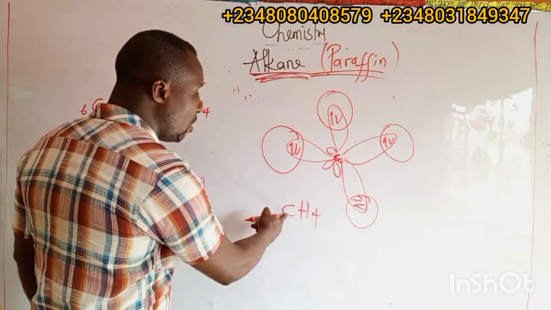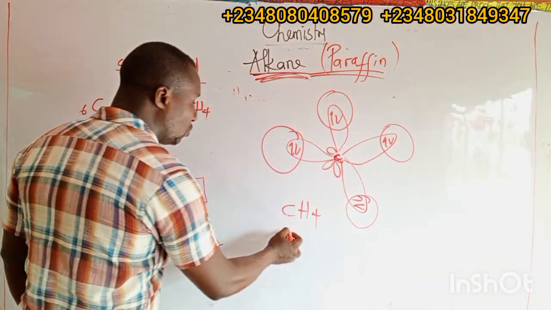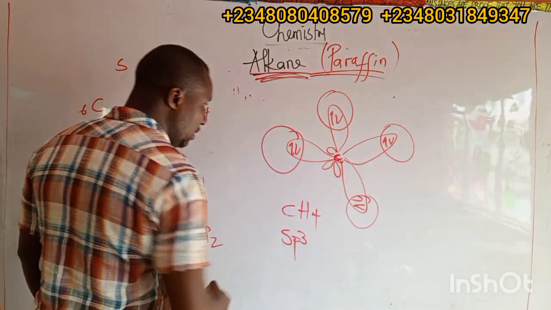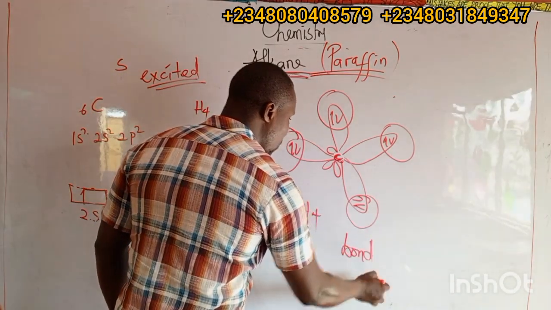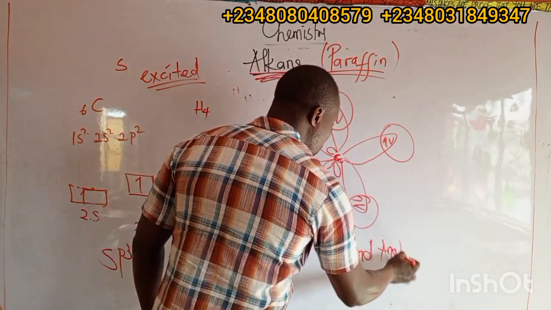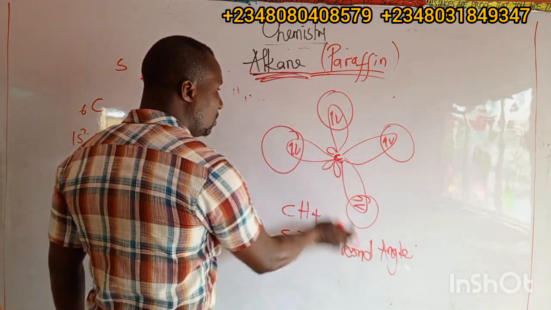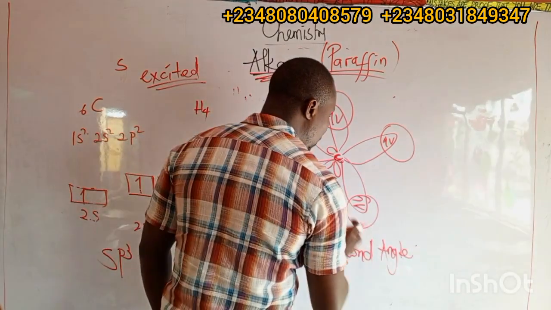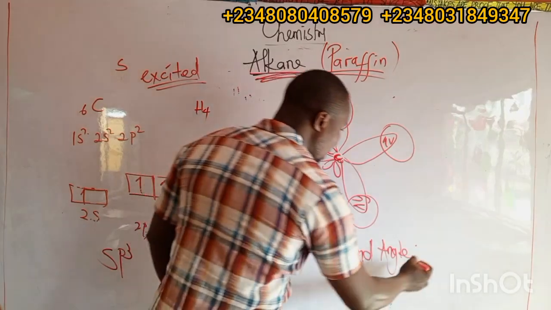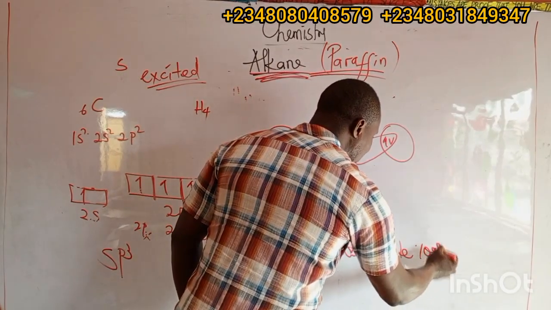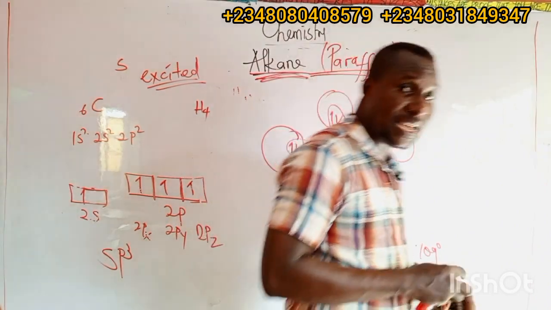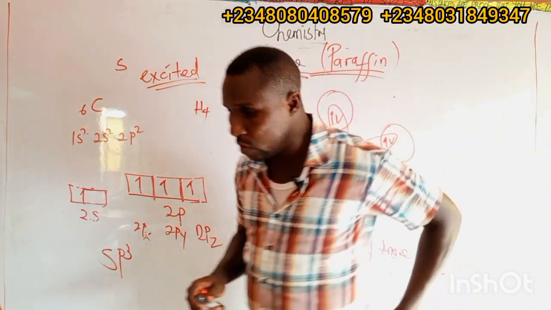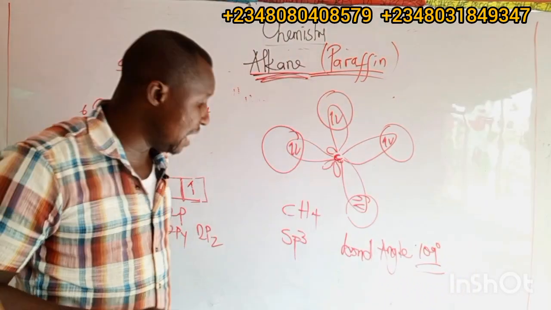The hybridization of a carbon atom of methane is sp3. Take note. And the bond angle of methane is 109 degrees. Take note. The bond angle of methane, that is the bond angle of alkane, is 109 degrees.